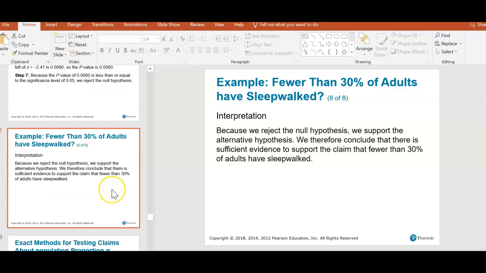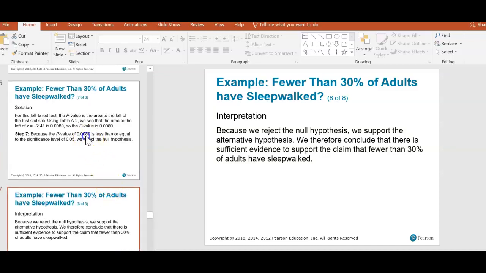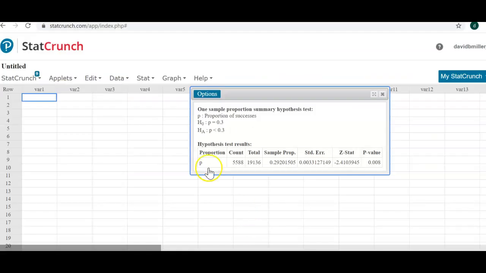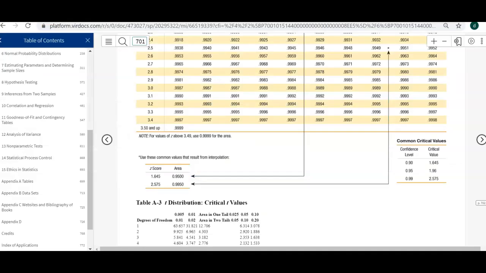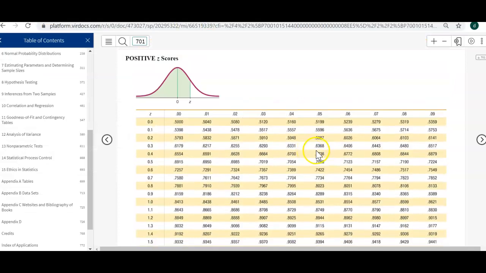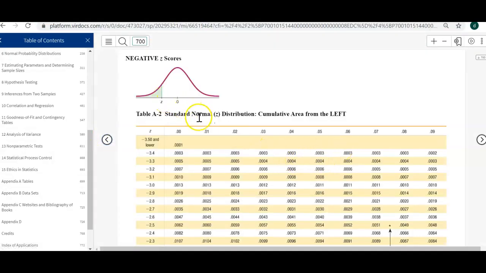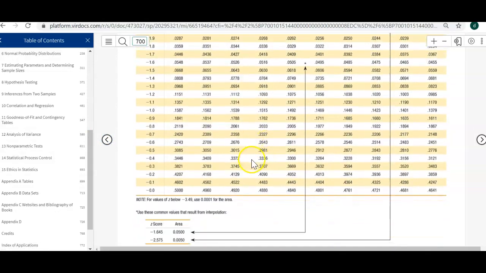Now, if you wanted to do that with a test statistic, you would be comparing that negative 2.41 to the value that would put 0.3 in the left tail. So if you want 0.3 in the left tail, you would go look at this chart and find about 0.3 for area.